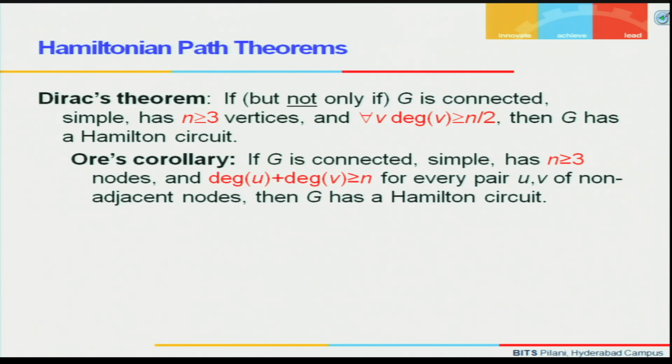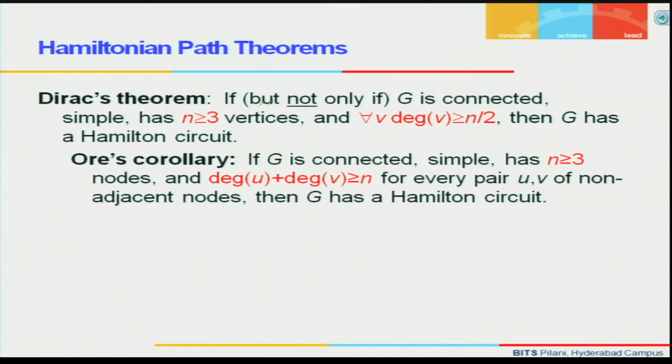Now there are a couple of theorems. They have only the "if" part, not the "only if" part. That is what makes finding whether a given graph has a Hamiltonian circuit or not a very difficult problem, which is not solvable in general.